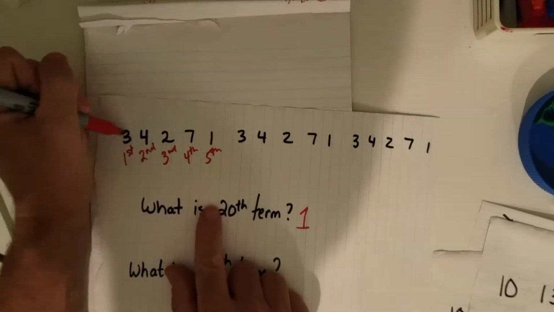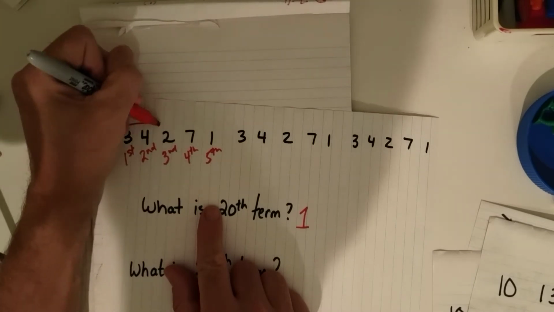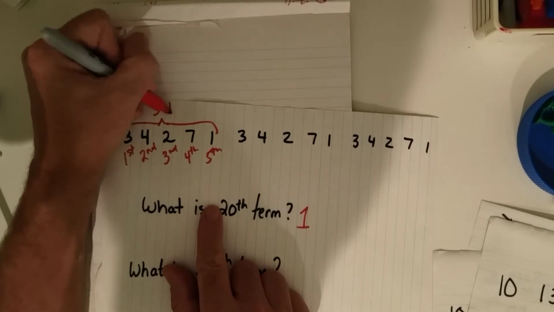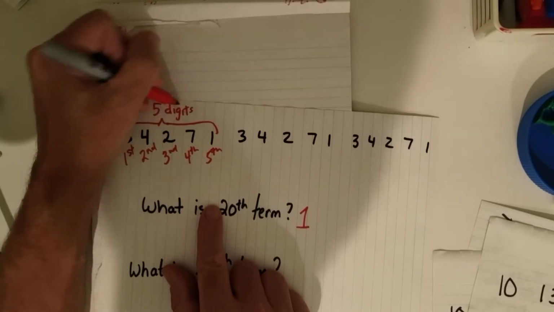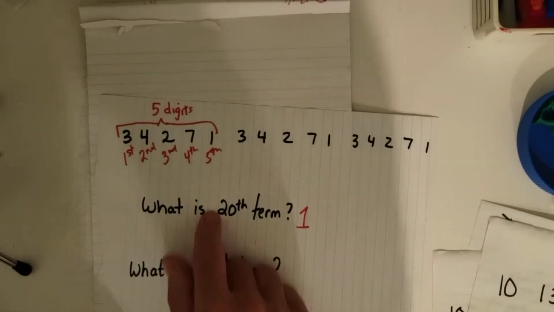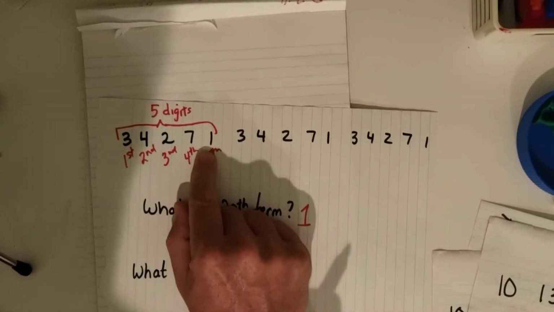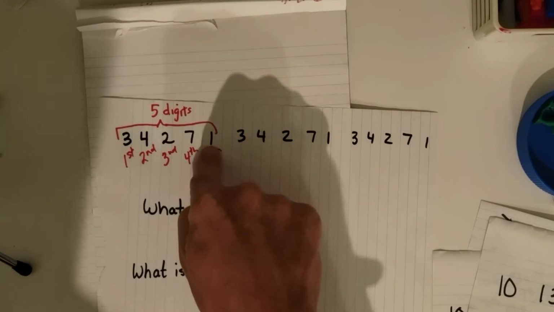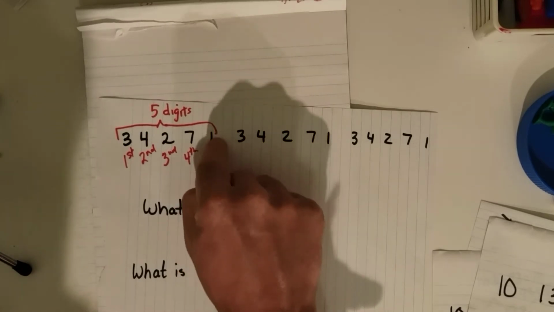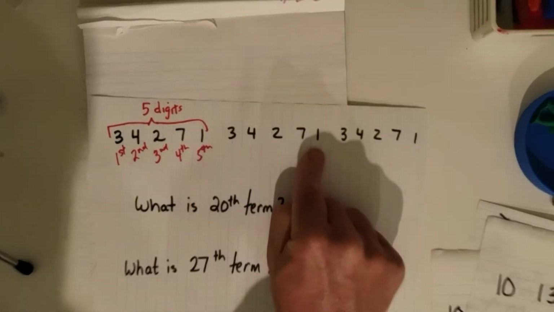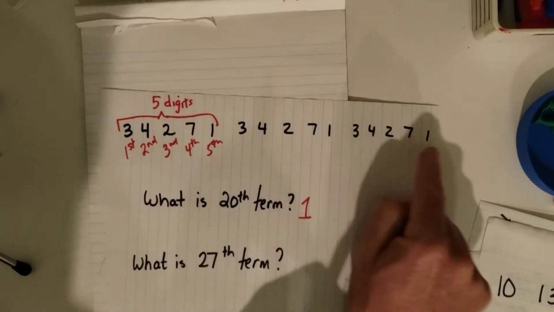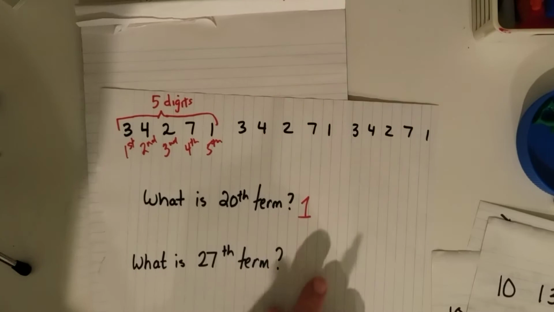We talked about how we can use the core and how many digits are in there. So this is a core of 5 digits. And what we can do with that is take that last number in the core and count by 5s. So that 1 is going to be every 5th number. So 1 is going to be the 5th number, the 10th number, the 15th number, the 20th number, the 25th, the 30th, and so on and so on.